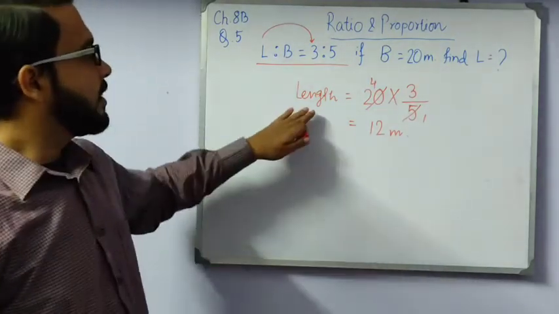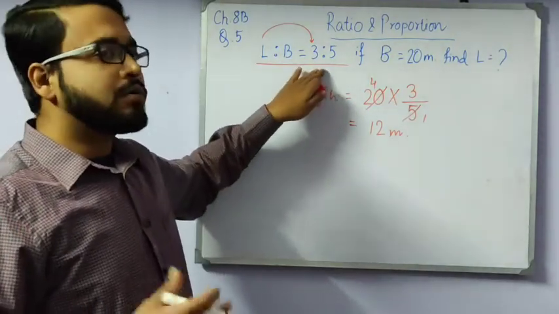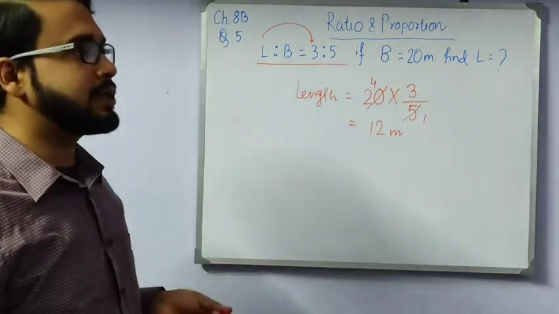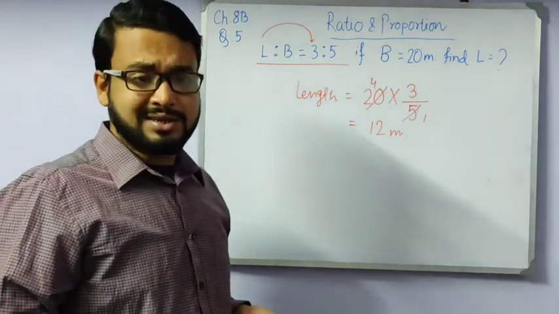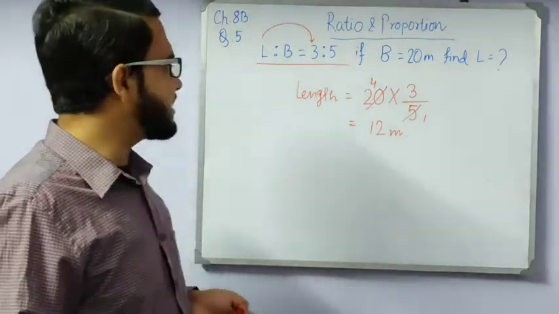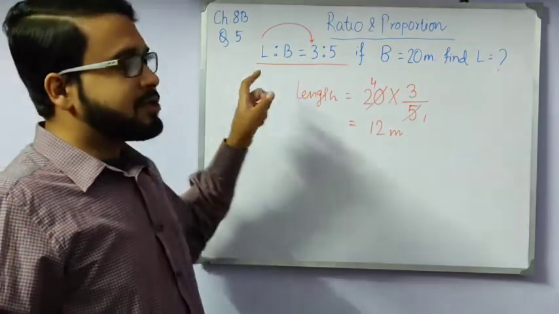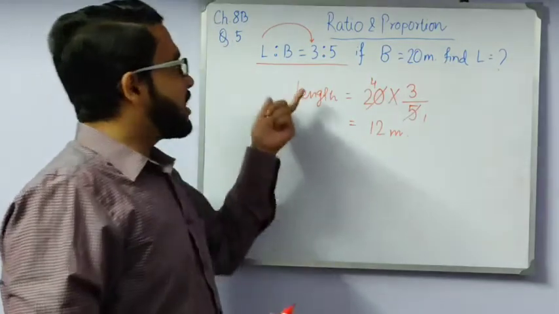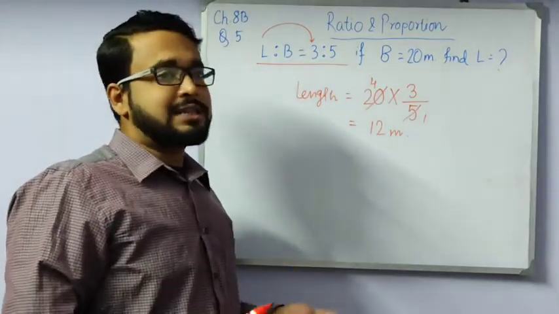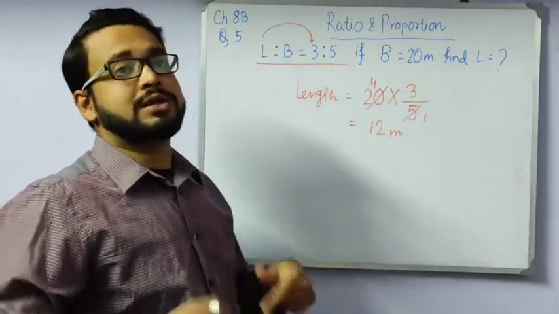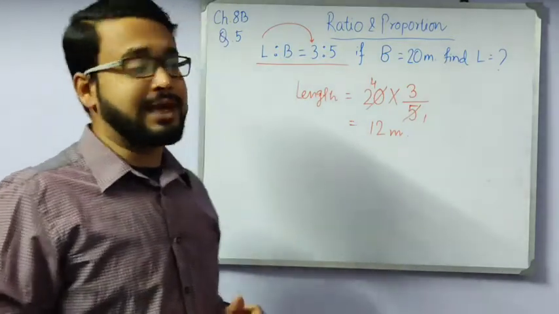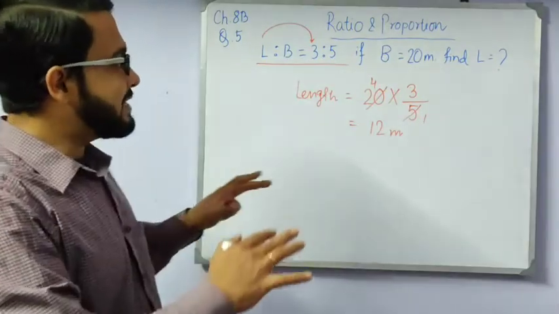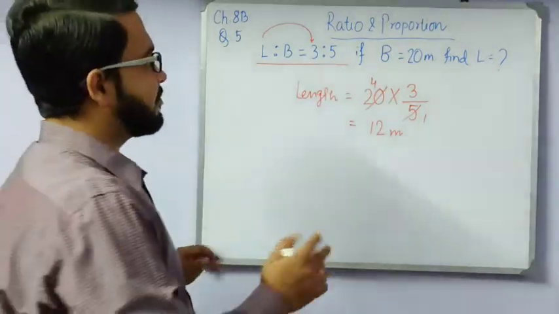Got it? Length to breadth is given, or in other maths you also find Sonia's and someone else's share, that type of math. They give that Sonia is to Papaya is equal to 3 is to 5. If Sonia gets 35 chocolates, then what is the amount of chocolates that Papaya gets? Here also you have to find, in this type of math, look very carefully.